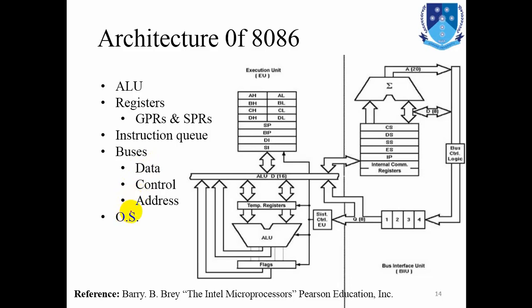So this is the architecture of an 8086 microprocessor, or you can say that this is the block diagram of the architecture of an 8086 microprocessor.